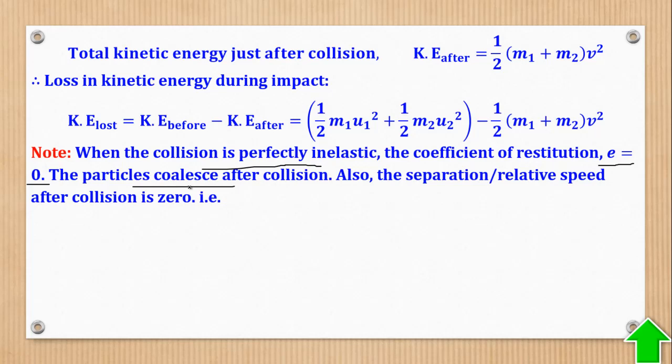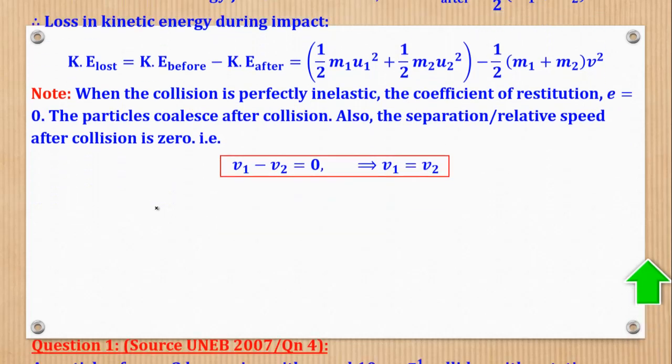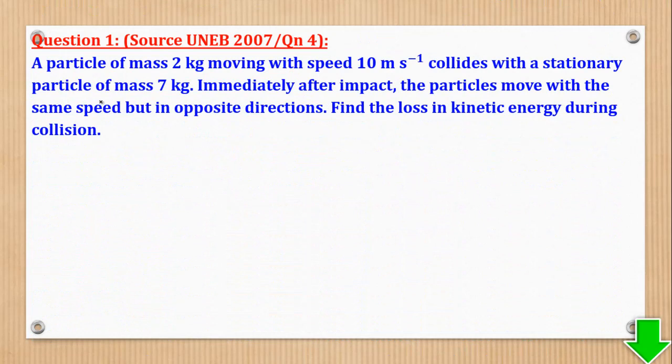Coalesce means they stick together after collision, and also the separation or relative speed after collision is 0. So v1 minus v2 is equal to 0. That's why we said they move with the same velocity. With that, we shall go through these questions.